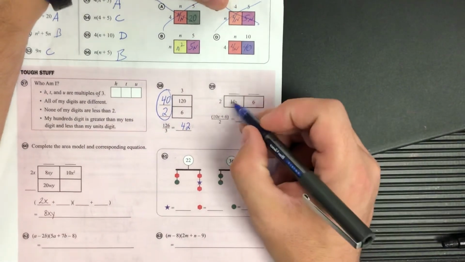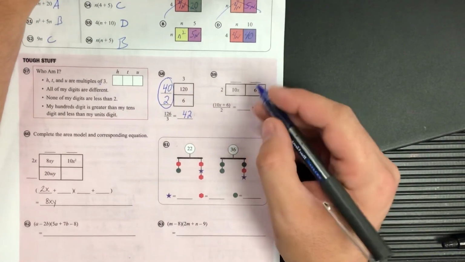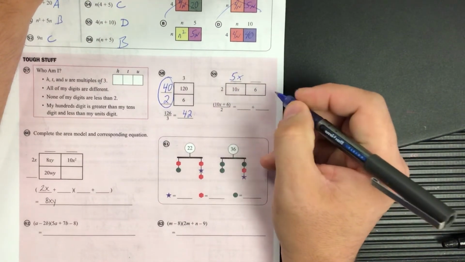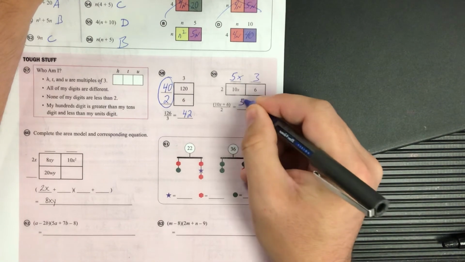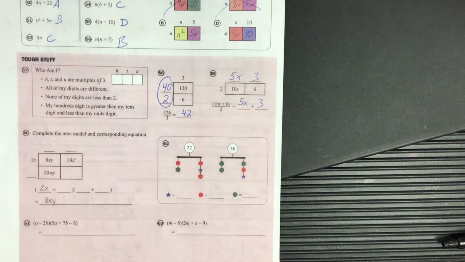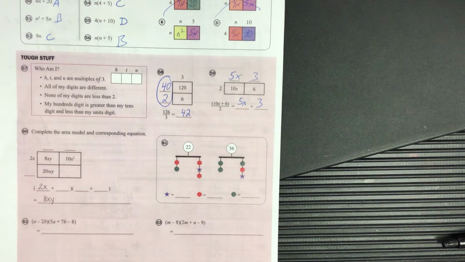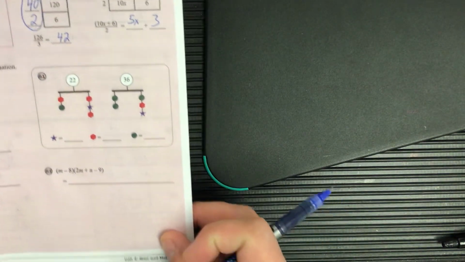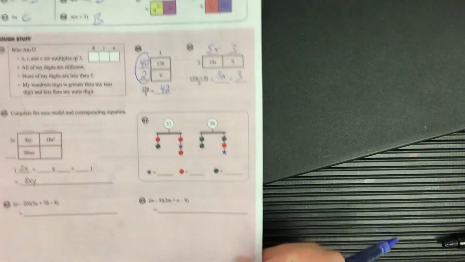59. 2 times what is 10x? 2 times what is 6? 3. 5x plus 3 is your answer. And the last one I want you to try is 61.